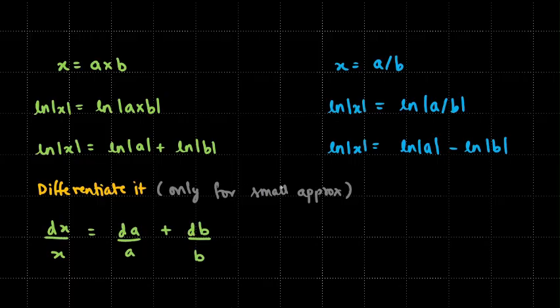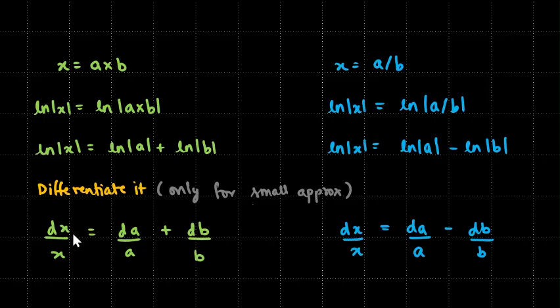But since it is only for small approximations, you can write it like that. But for this side, it will actually be dx by x equals dA by a minus dB by b. Since we are doing small approximations, dx is basically delta x. So dx means a very small change in x, whereas delta x means a change in x.